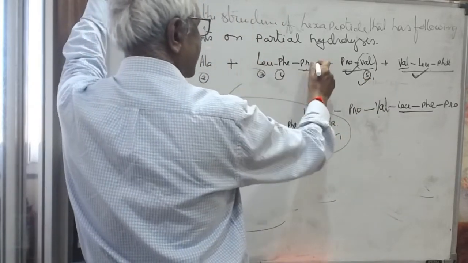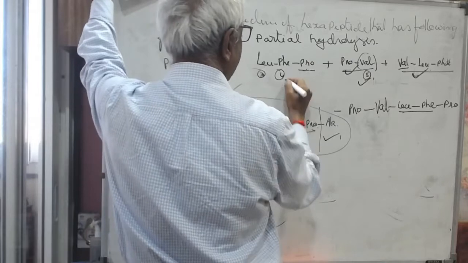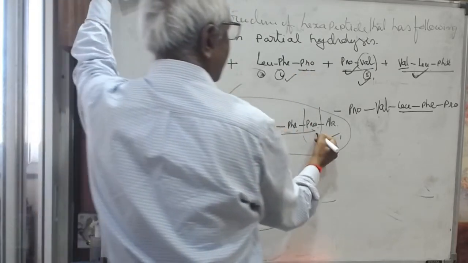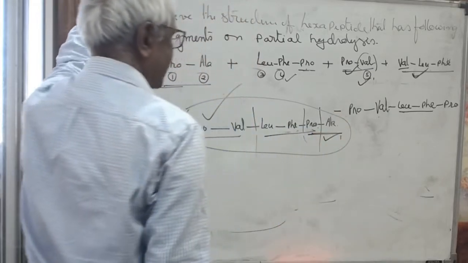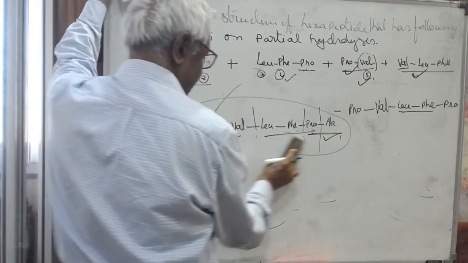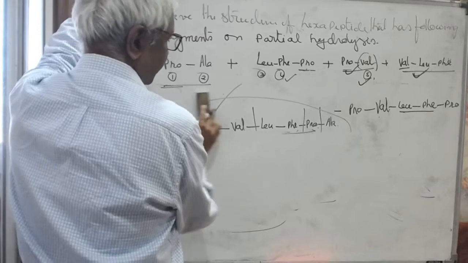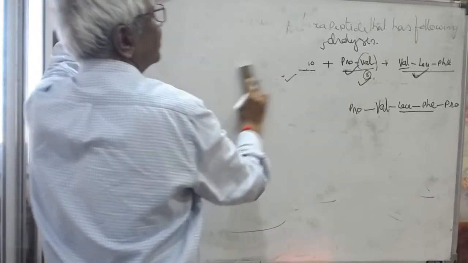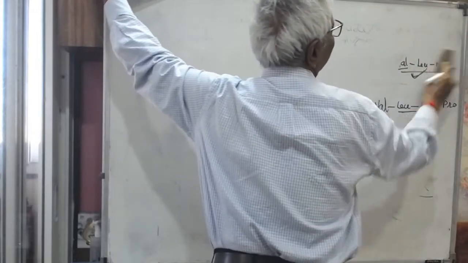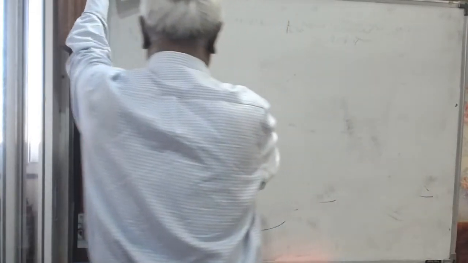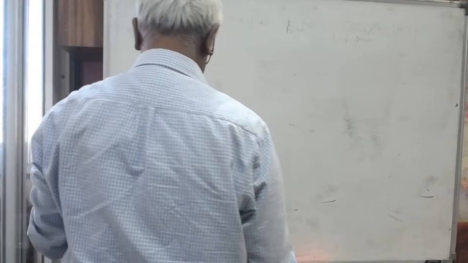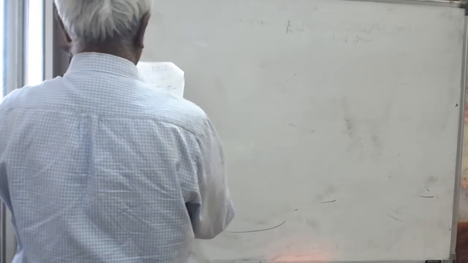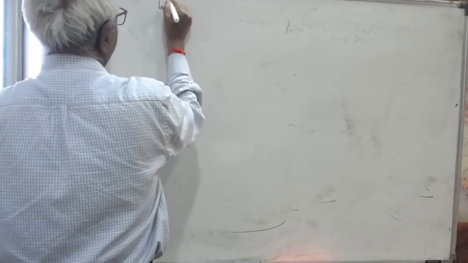LEU, PHE, LEU, this fragment also has come. And PRO, ALA, this fragment also has come. So this is the structure. Which of the following is a tripeptide?